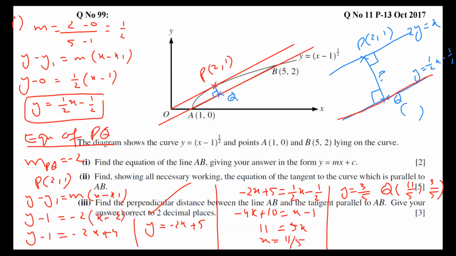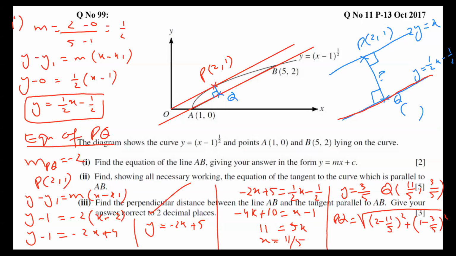Now find distance formula, PQ, I have it. Alhamdulillah. So PQ distance I can find directly. Okay, so what is that? This 2 minus this, whole square, and this 1 minus this, whole square.